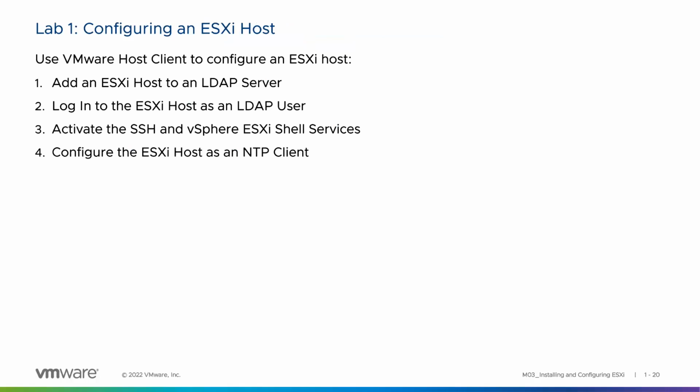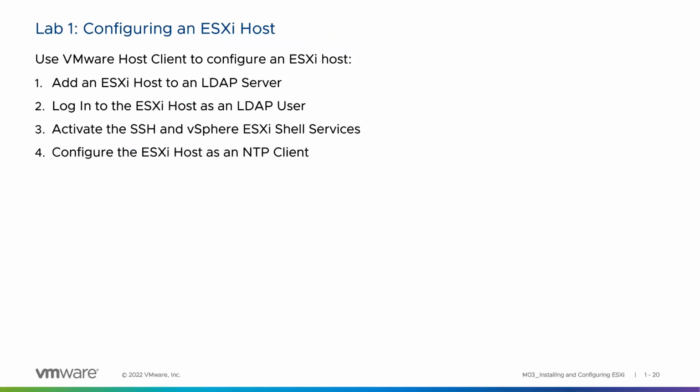So lab, we've done this, right? Logged into the host client. I thought there wasn't another lab 1 in module 2. I thought there was a lab 1 and 2 in module 2. Now there's a lab 1 again in module 3. They've shuffled stuff around and shuffled slides, and I'm pretty sure I've got stuff mixed up.